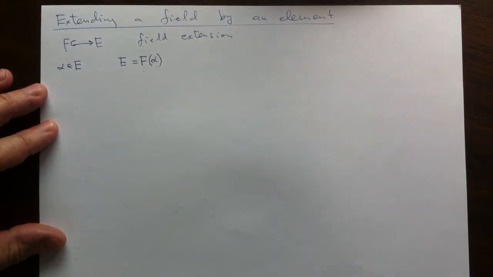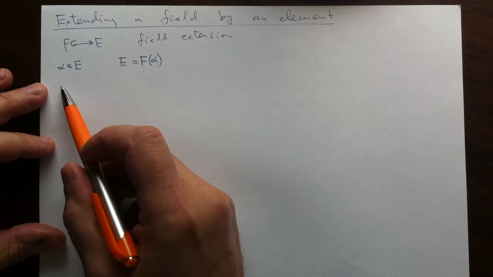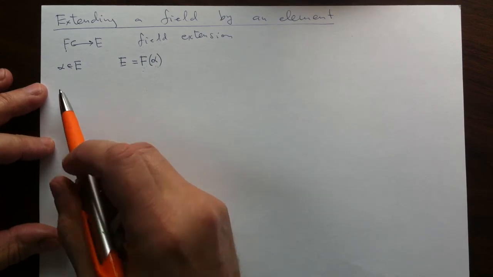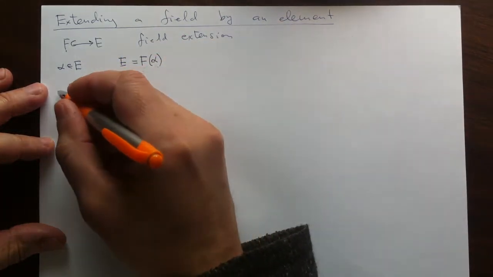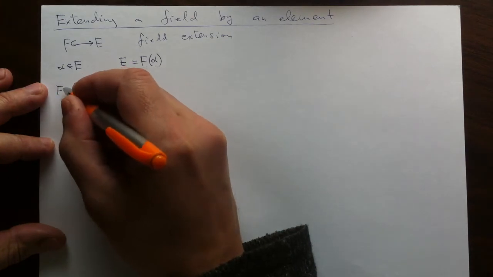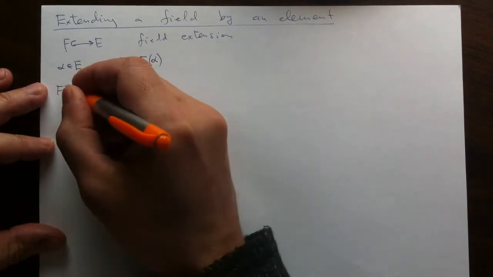So let's look at what the options are in such a situation, and we will look at it through ring theory. What ring theory gives us first is a homomorphism of rings.